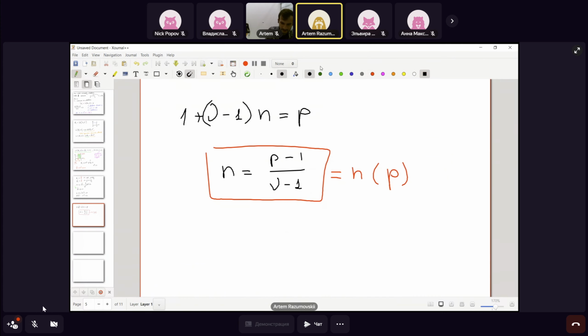Let me repeat. Since we know that mu is less than 1, we have a connection between n and price, which tells us that if the platform sets some price, the platform knows how many agents will join the market.